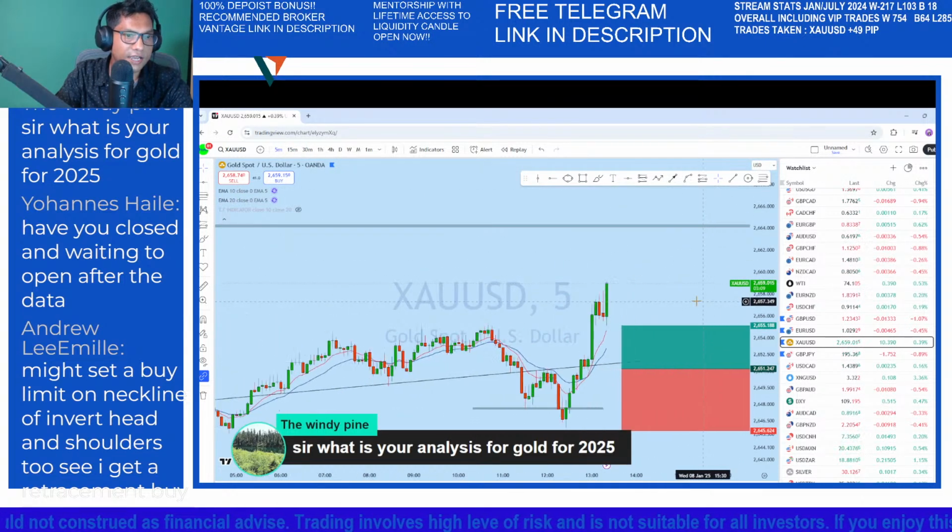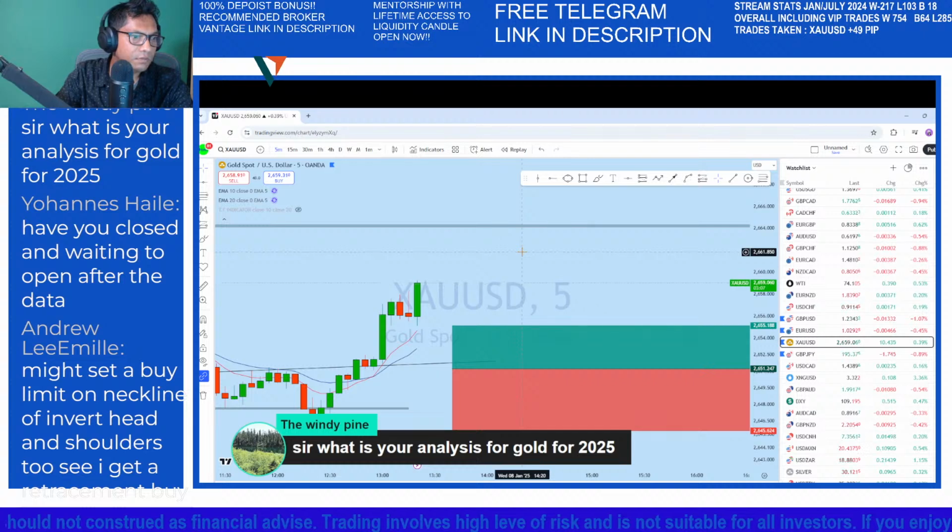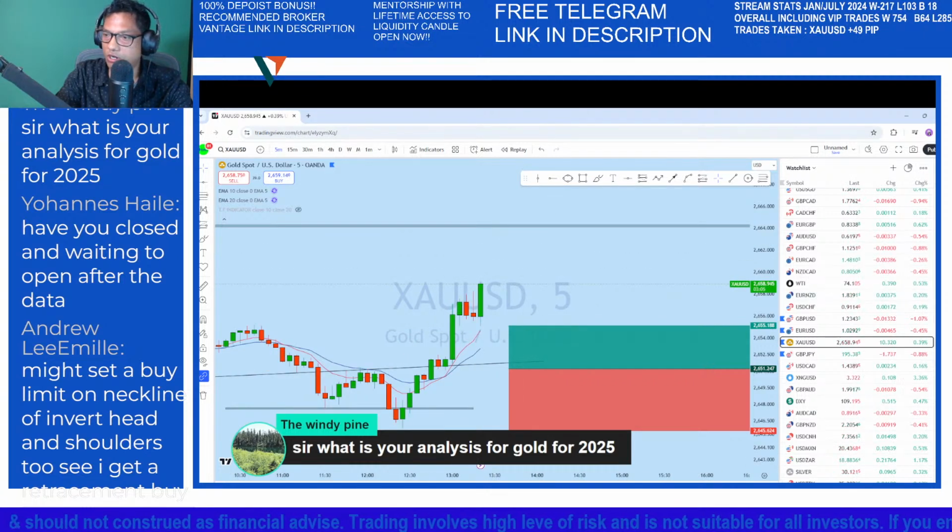Here is the 5 minutes. A strong bullish candle has formed on the 5 minutes again, as news is coming.